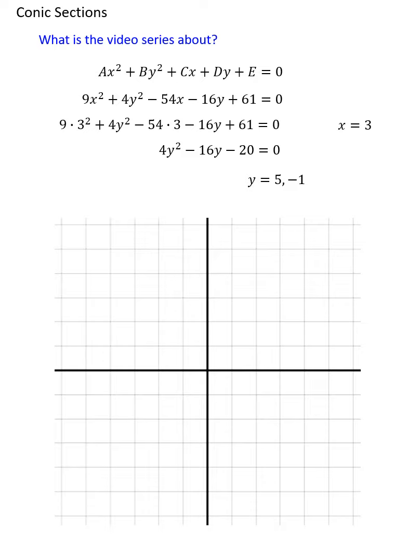But it also means if x is 3 and y is -1, our equation is also satisfied. And if the 2 points, (3, 5) and (3, -1), both satisfy the equation, then by definition, they're both on the graph. I've just found 2 points on this conic section.